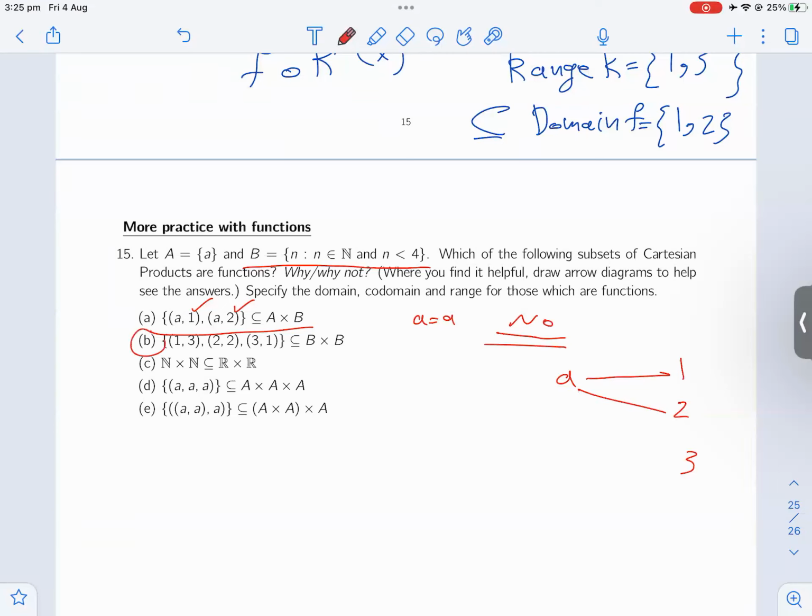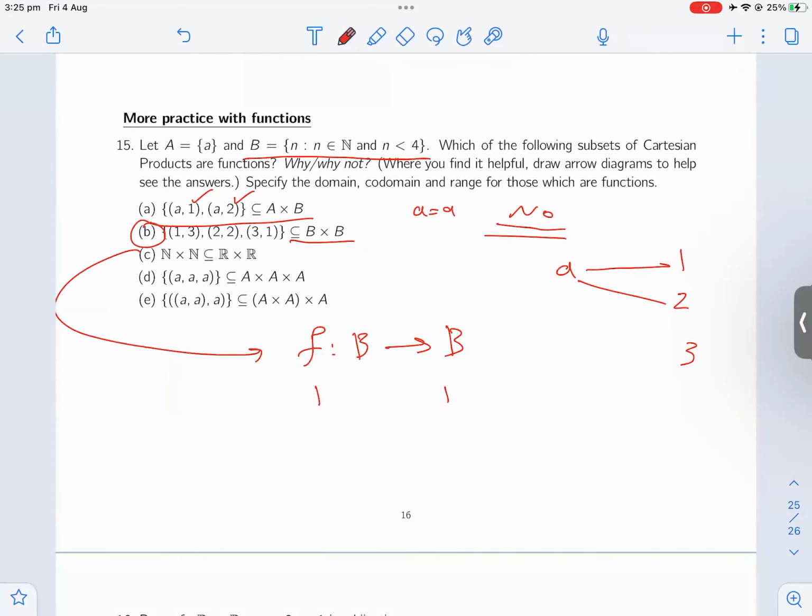Okay. Let's do this one. f from B to B. I'm talking about this one here. B is 1, 2, 3. What is the domain of f? 1, 2, 3. 1 goes to 3, 2 goes to 2, 3 goes to 1.